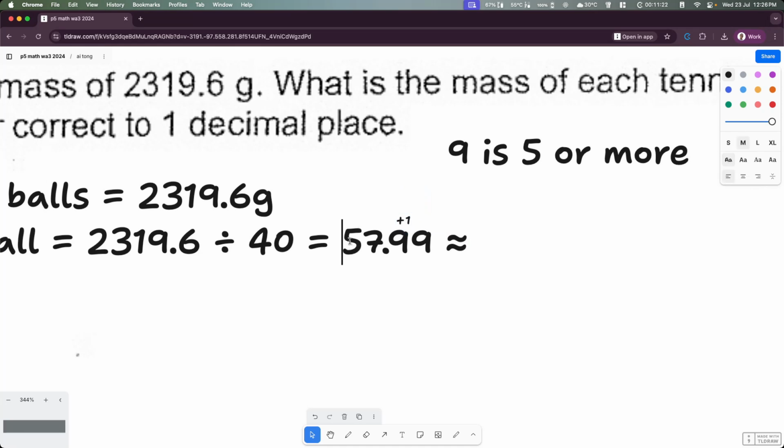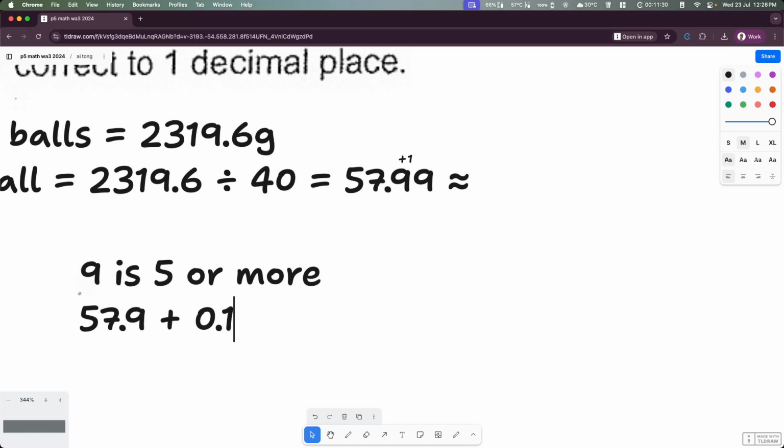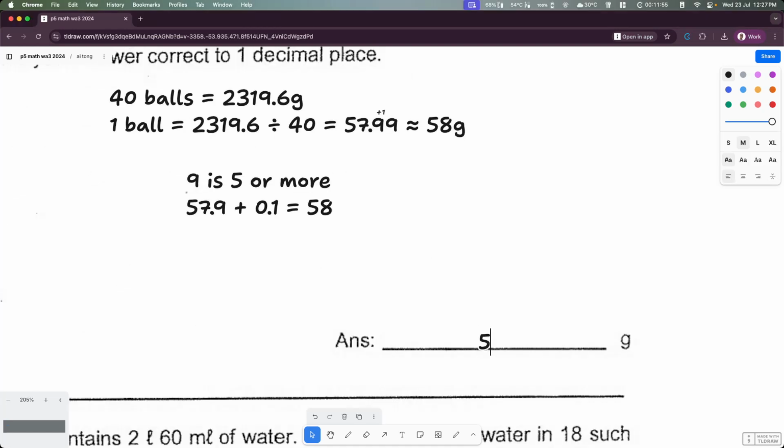So 57.9, if you do our workings, 57.9 plus 0.1 will give us 58. That means each ball is 58 grams, and that is the answer. So we're going to put here 58 grams.